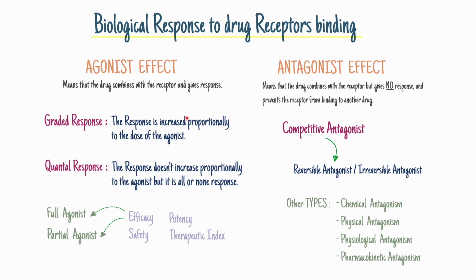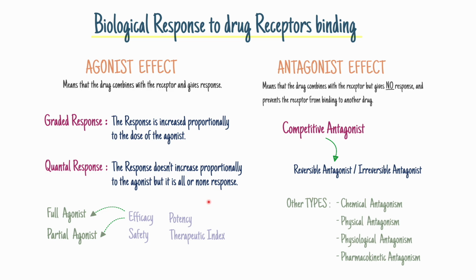The agonist effect is usually divided into two main types: graded response and quantal response. From the name, you understand that graded is like gradual, and the response is based on the dosage and the concentration of the drug. As you increase the concentration, the response increases. For example, you give a drug at 5 milligrams, and its main action is to decrease the heart rate or the blood pressure.